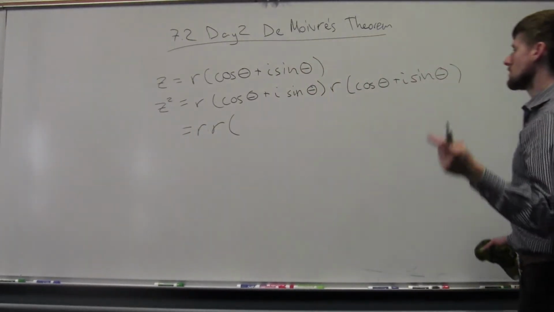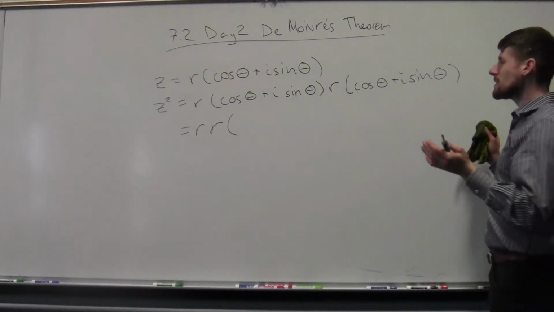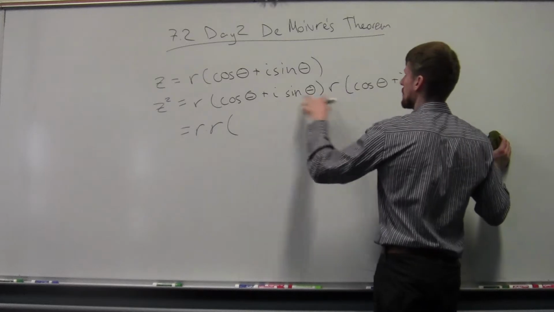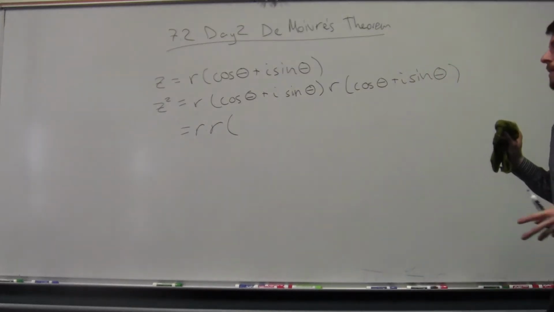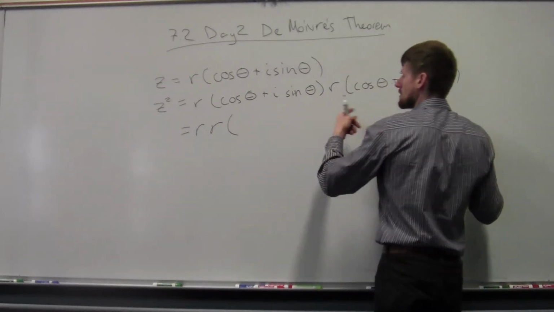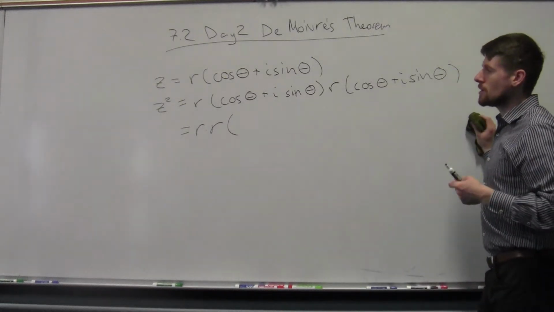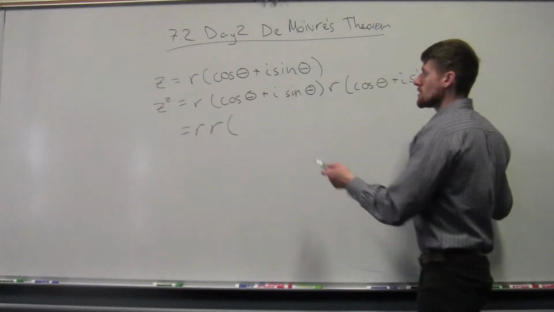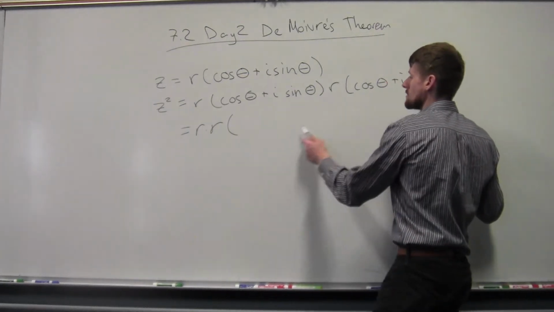And now we have to do the distributive property, but we already know what the result will be when we multiply these parts. Because we did this before, we end up getting this long identity for cosine and another identity for sine, which just ultimately means we add the angles together.